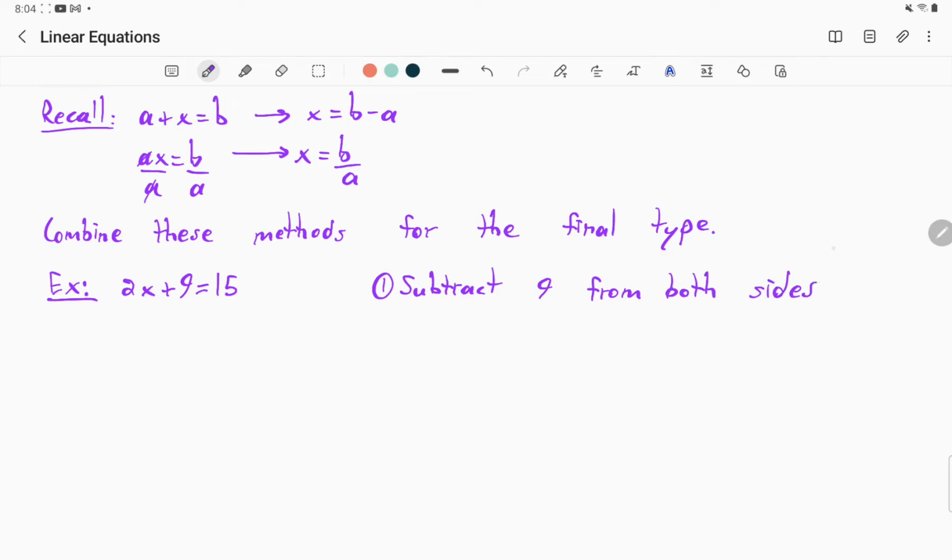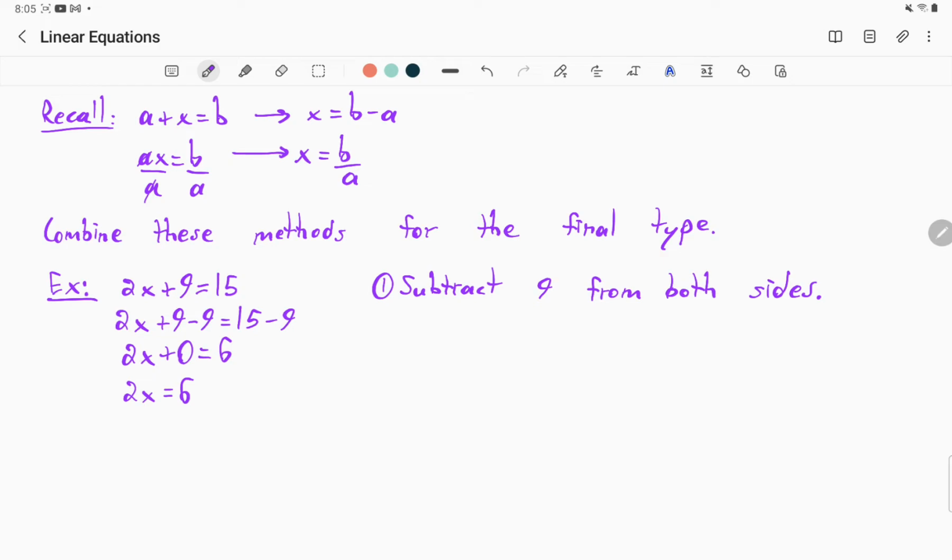That was our method for a plus x equals b as well. You subtract a from both sides. So subtract 9 from both sides. What you end up with is 2x plus 9 minus 9 equals 15 minus 9. Well, what's 9 minus 9? That's 0. 2x plus 0, and 15 minus 9 is 6. So you get 2x equals 6.